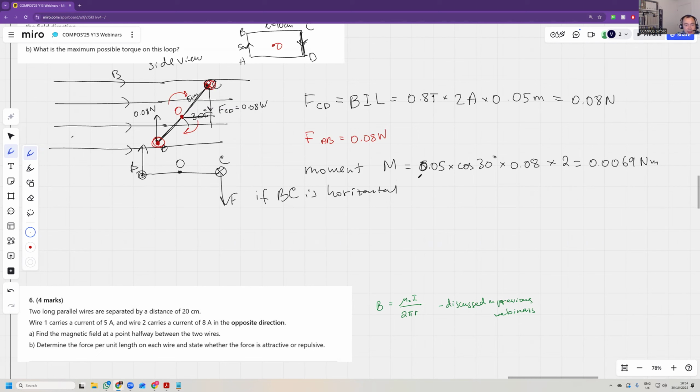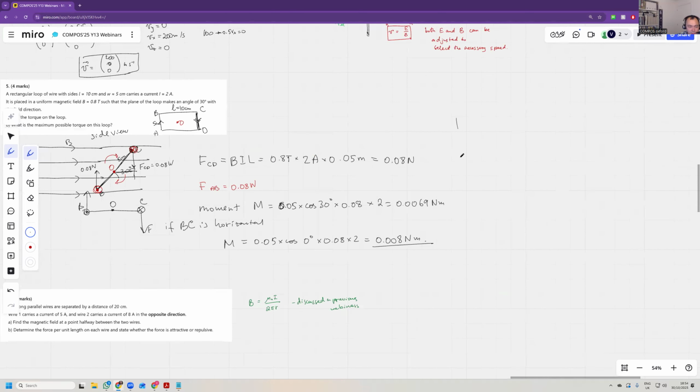So the difference would be that the angle is 0 degrees. So moment is 0.05 times cos 0 degrees times 0.08 times 2. And that would be 0.05 times 0.08, 0.008 Newton meters.